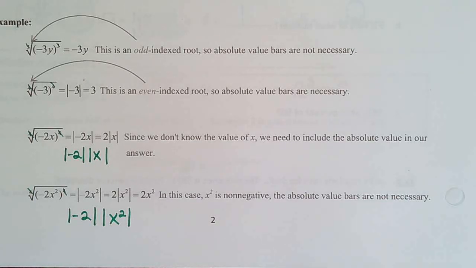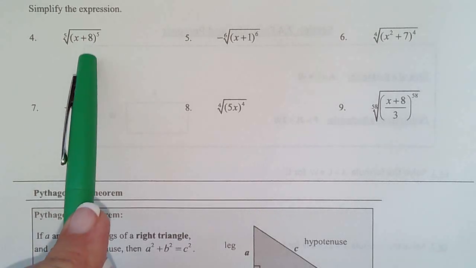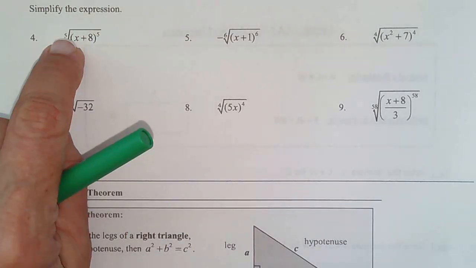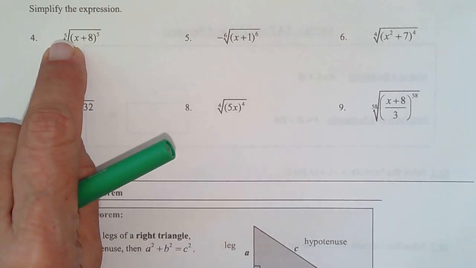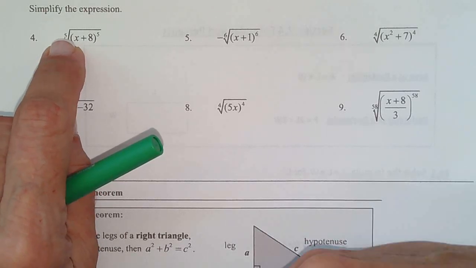Okay, let's go to the next page and practice some of these. So how about we do the first 3 and then you do the next 3? Sounds like a plan, huh? So first thing I do is I look at the index. The index is odd, and I tell myself no absolute value needed.